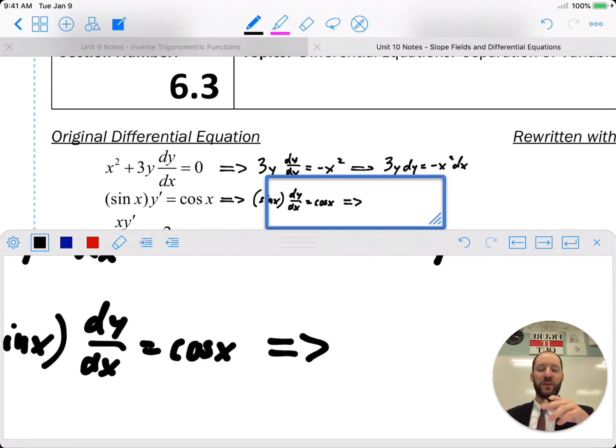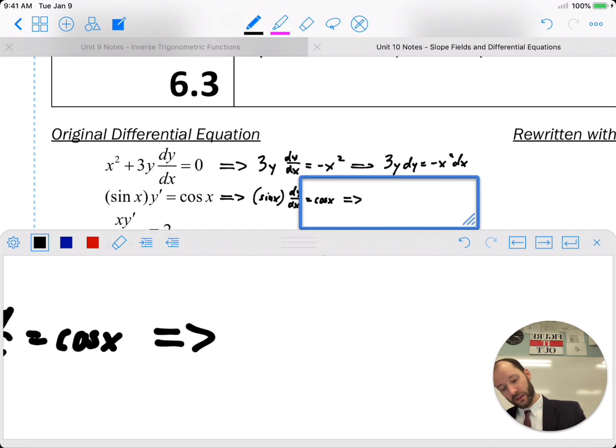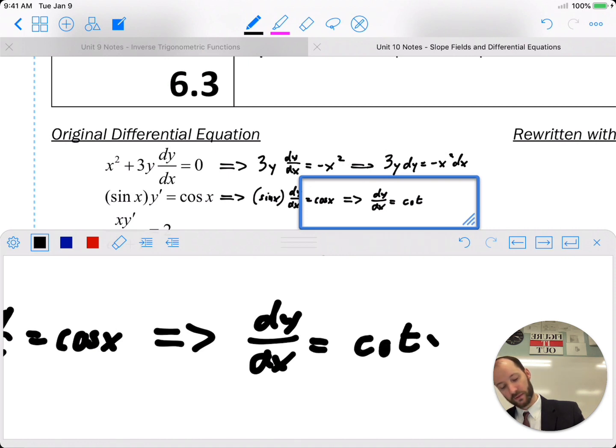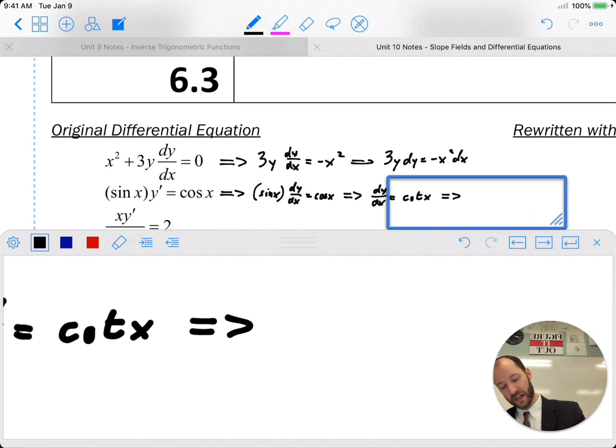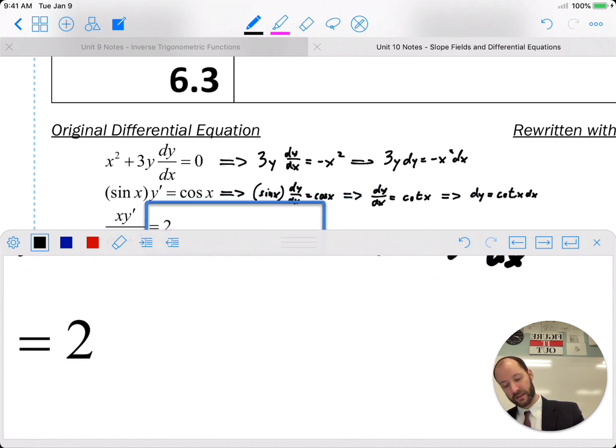Get the x's with the dx's, y's with the dy's. So let's divide sine of x over. So I have cosine over sine, or cotangent. And then multiply dx. So dy equals cotangent x dx.